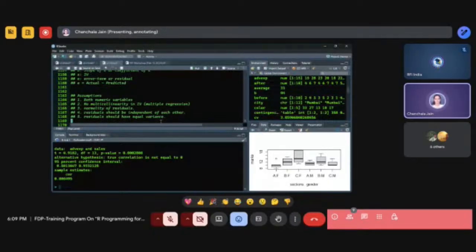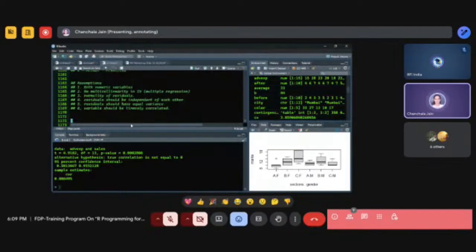Apart from that, one more I missed: variables should be linearly correlated, right? These are some of the assumptions you need to check when talking about regression. Almost three assumptions are based on the residuals.